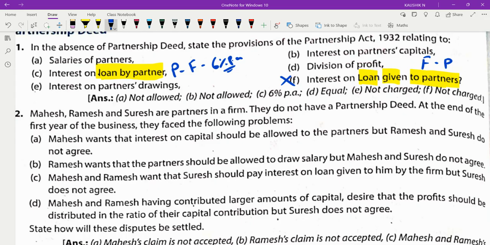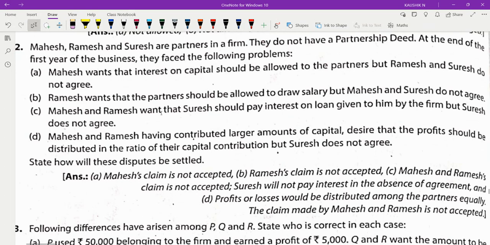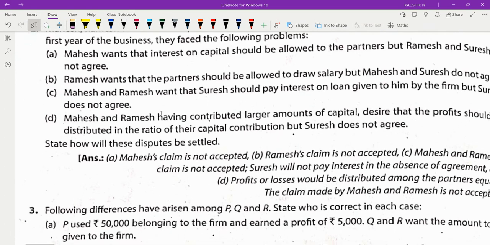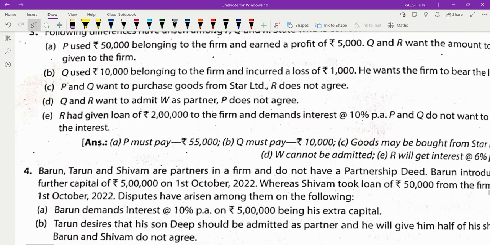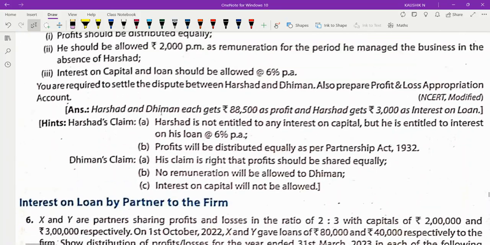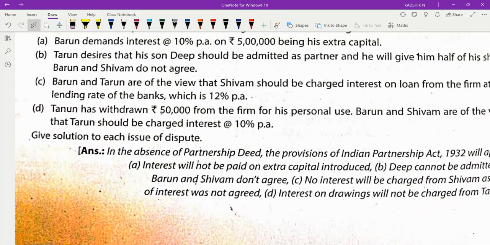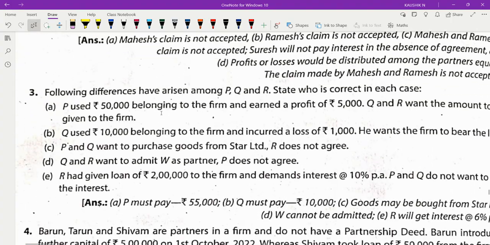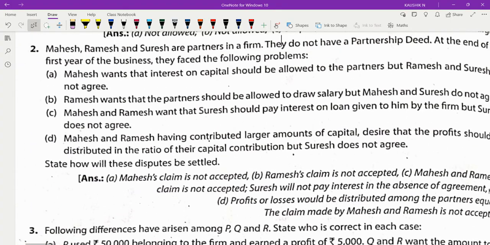Now come back to question number 2. What is given in question number 2? Once you're done with question number 2, I'll be providing you 3 questions, numbers 3, 4 and 5, as homework for the day.